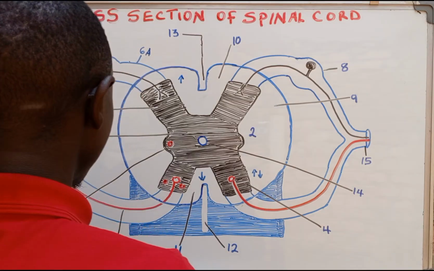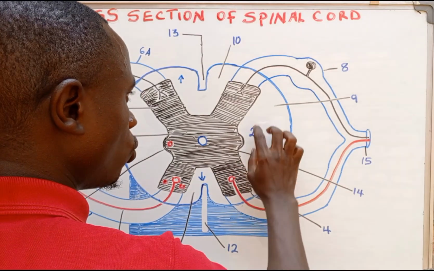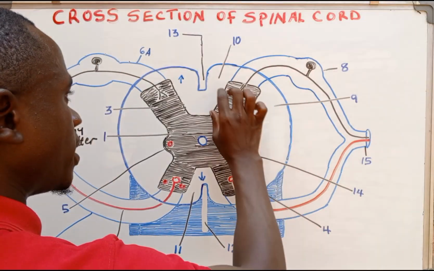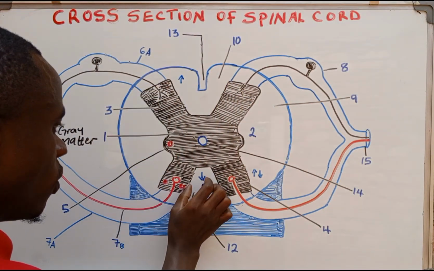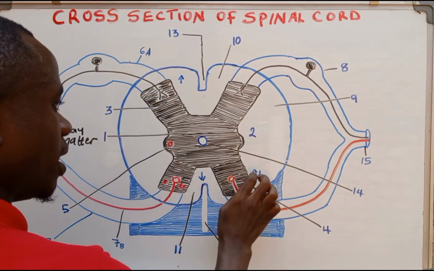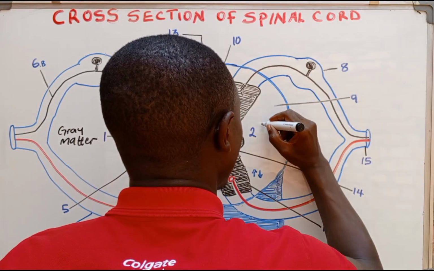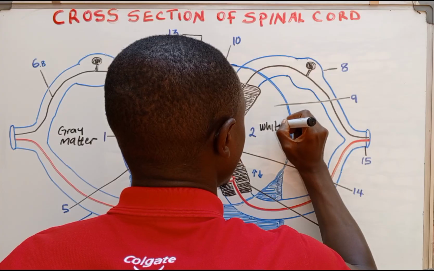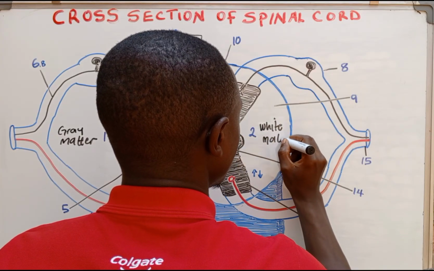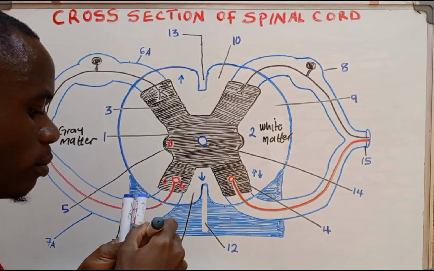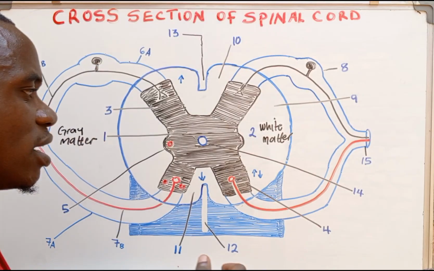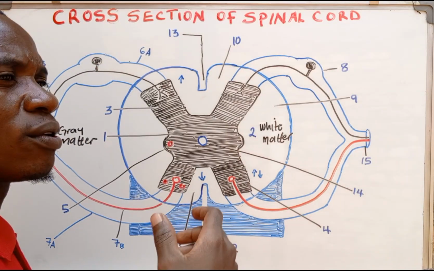Now number two, the whole of this structure, which is white. All of these areas where you're seeing white are also called white matter. It is white matter because it contains neuron axons.